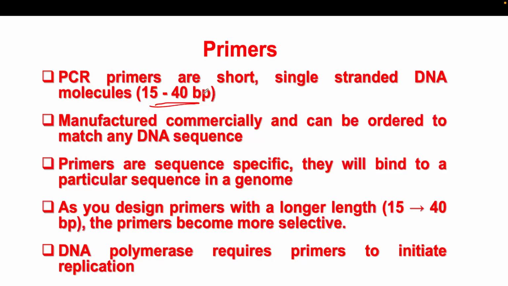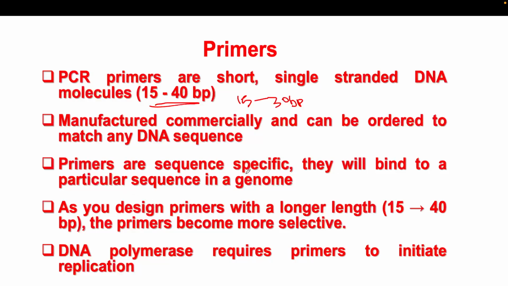Okay, so this 40 base pair is too high, you require around 15 to, suppose, 30 base pair. Once you design the primer, you will give it to any company, and this company will give you the synthesized primer. Okay, whatever sequence you have given, based on that the company will synthesize that particular primer.